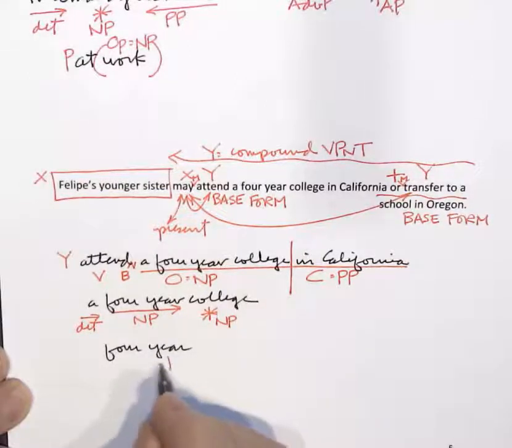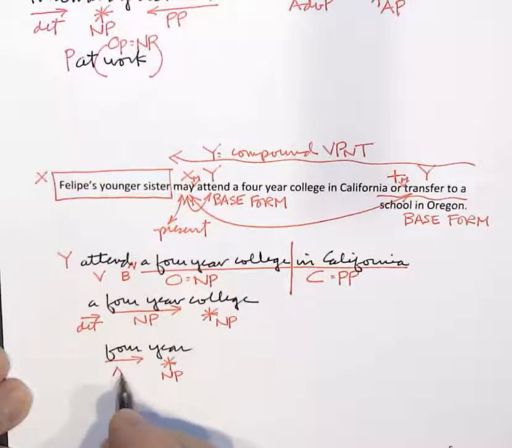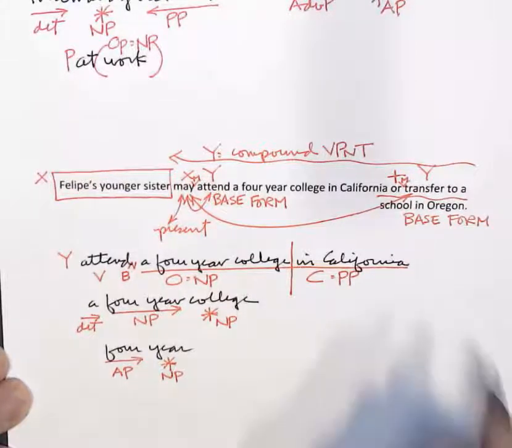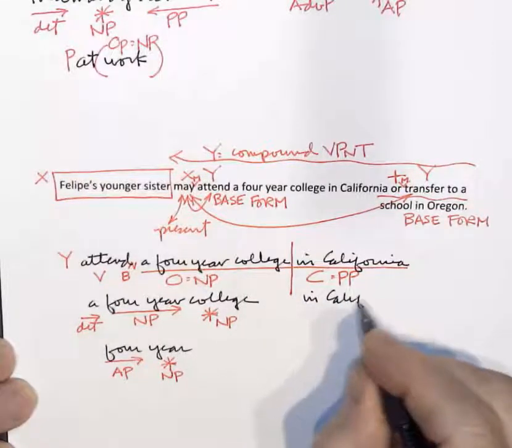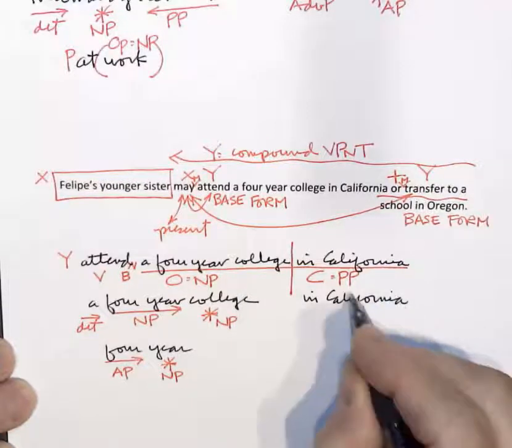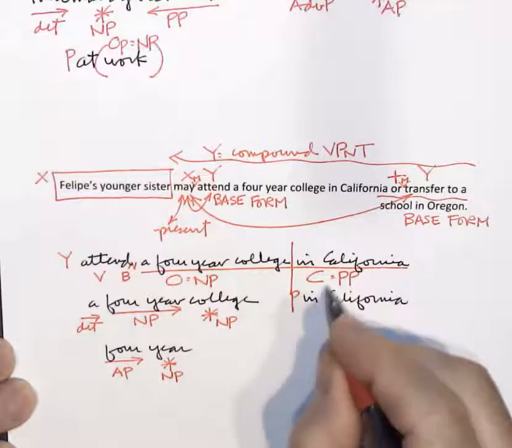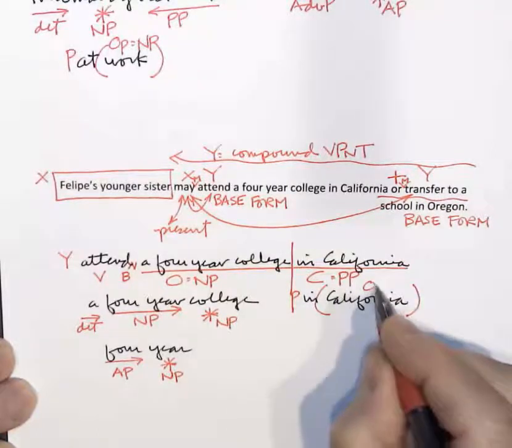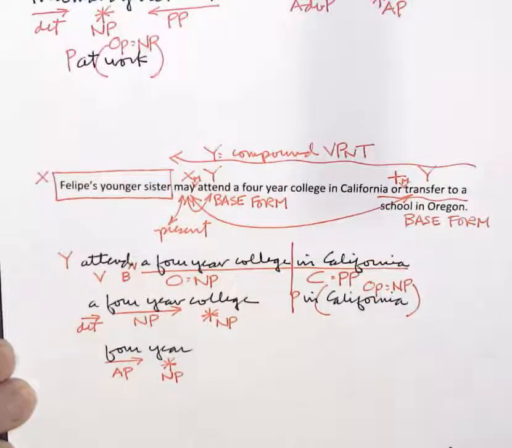And year is the head. Noun phrase head. And 4 is an adjective phrase. Okay, and in California is a prepositional phrase. The preposition in, the object of the preposition, is a noun phrase, California.